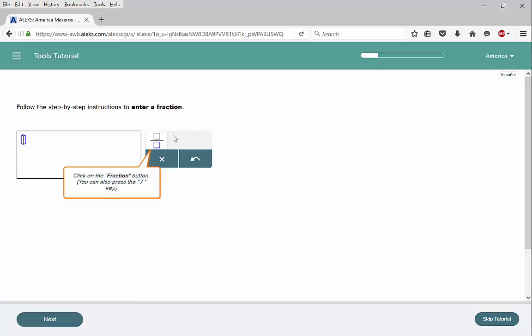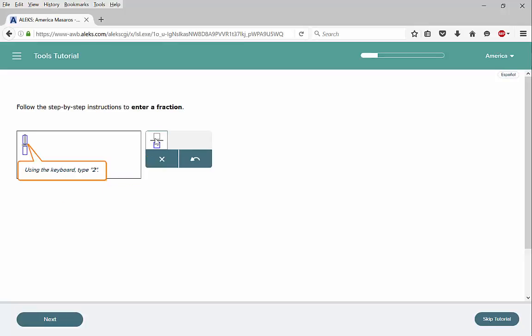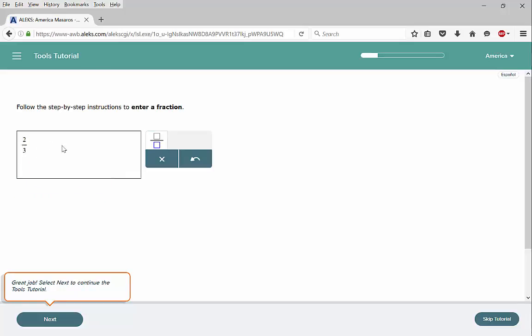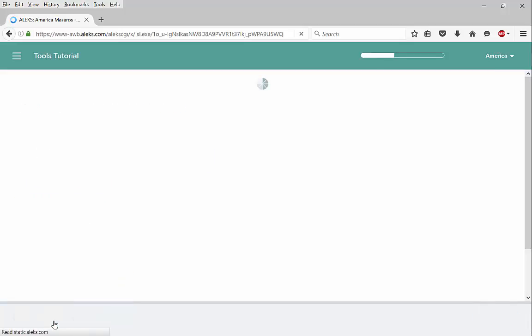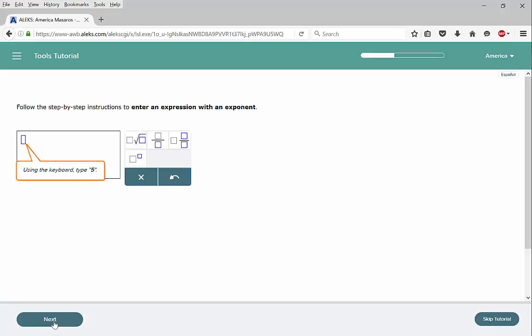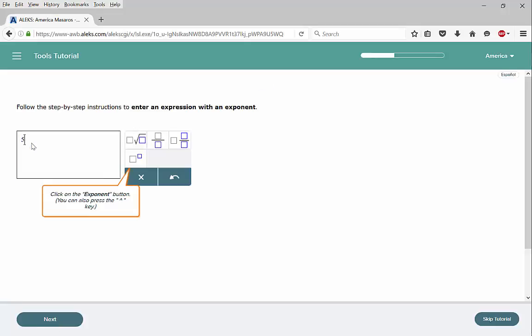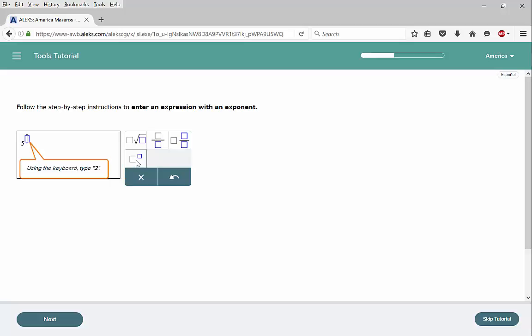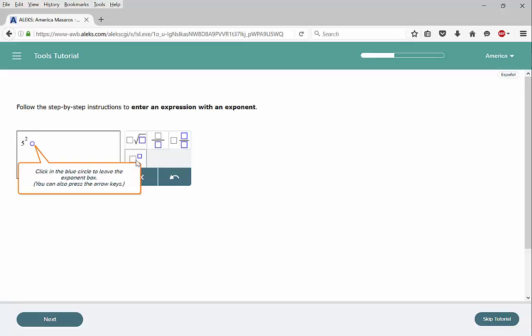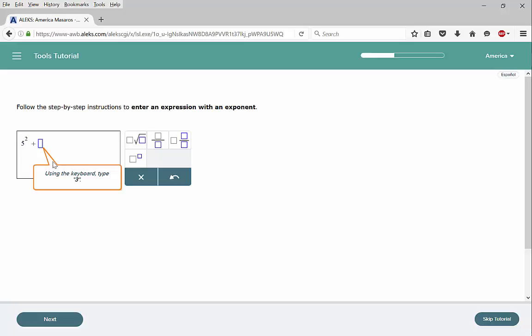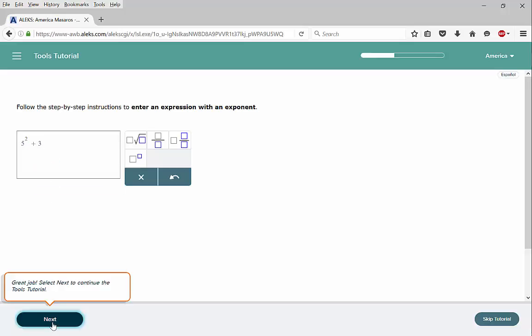This is going to show me how to enter more complicated math, and even more complicated math. 5 exponent 2. Oh, I'm going to enter something really complicated. Plus 3. Okay.